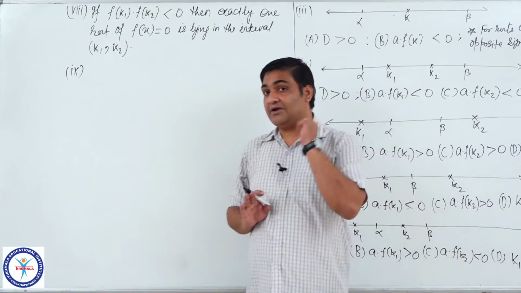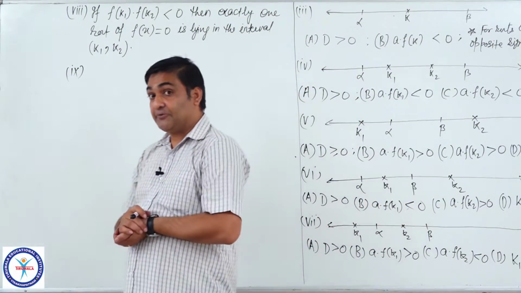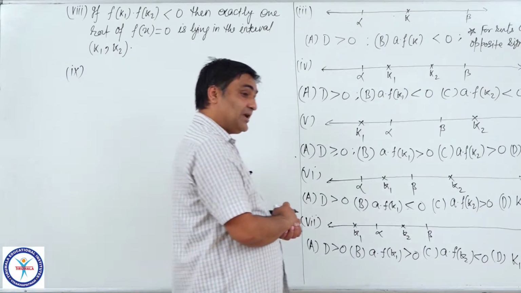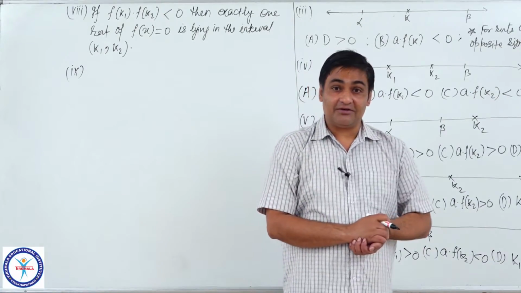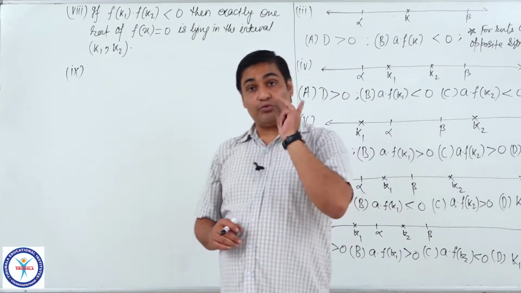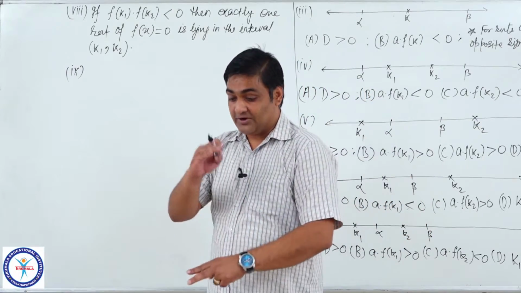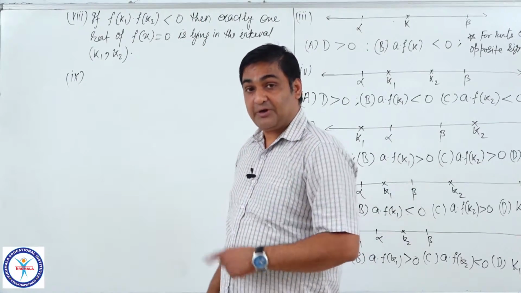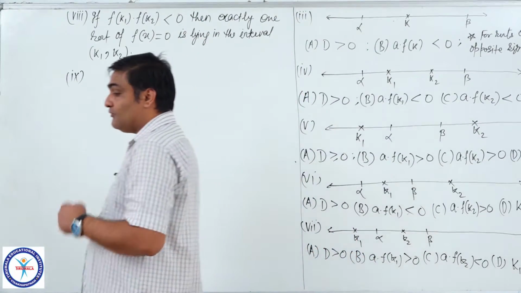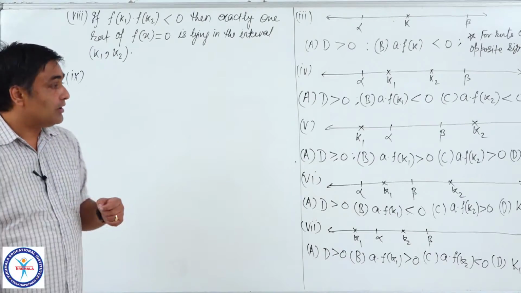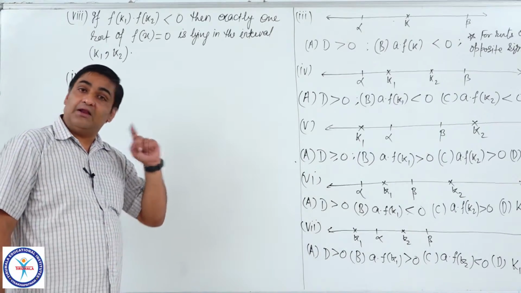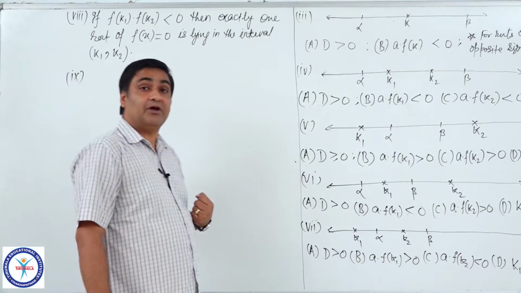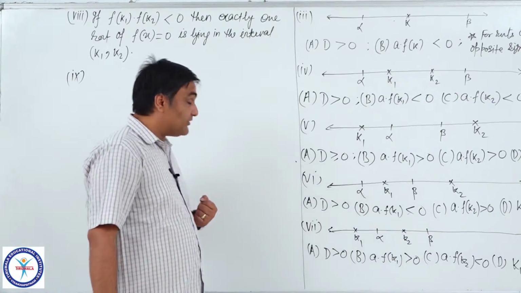It means it is crossing the x-axis somewhere. If it is crossing the x-axis, there is a root while going from negative to positive. 0 is in between. Though this is true for any continuous function, polynomial functions are continuous everywhere.